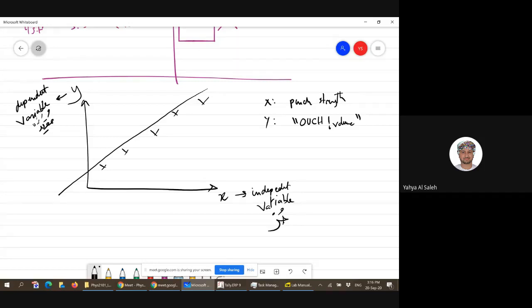Now another example. Say you have time to reach and car speed. Which one is X? Which one is Y? Time it is X and speed it is Y. Anyone else thinks the other way around?